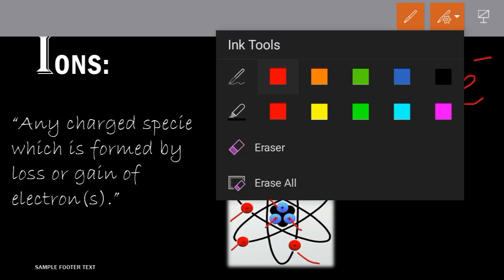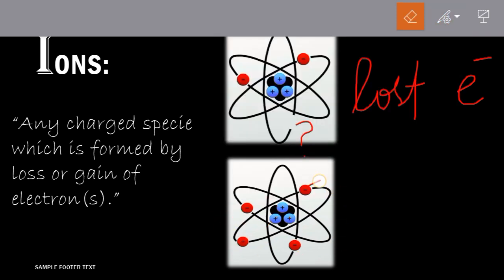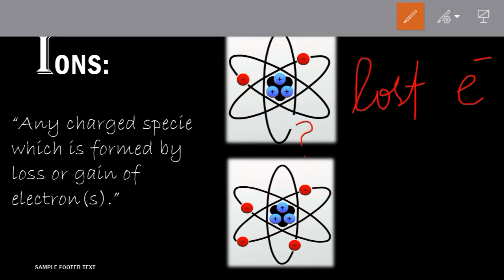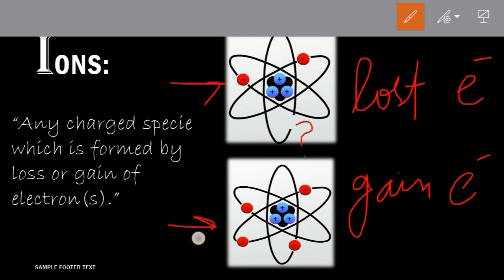Why is it so? It means that it has an extra electron. What do we conclude? That it has gained an electron. So we can say that both of these pictures are representing some sort of ions.